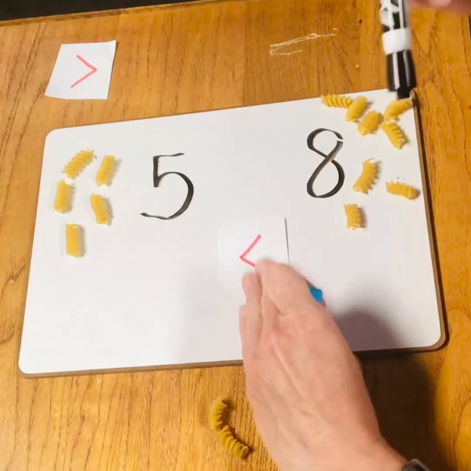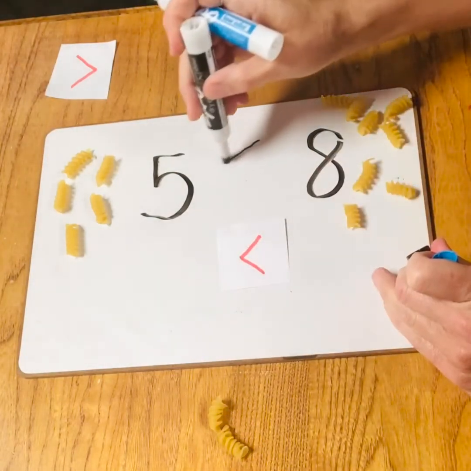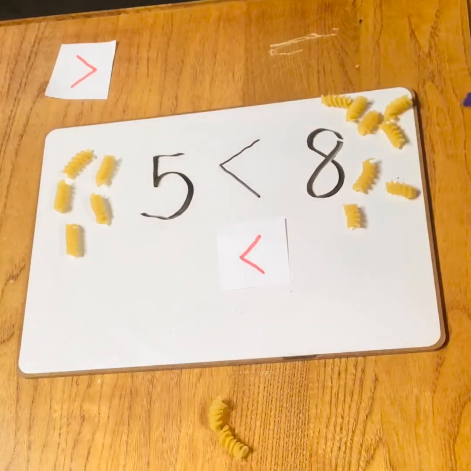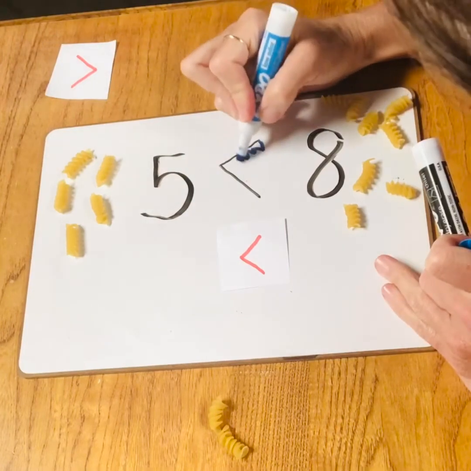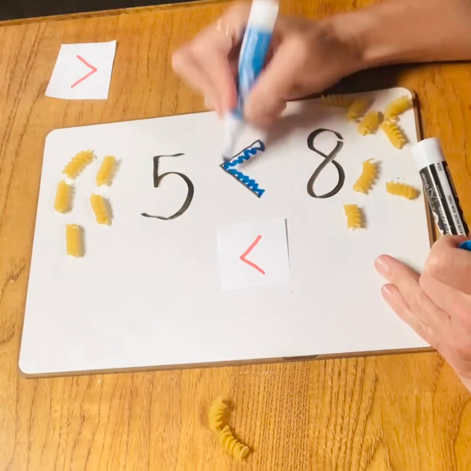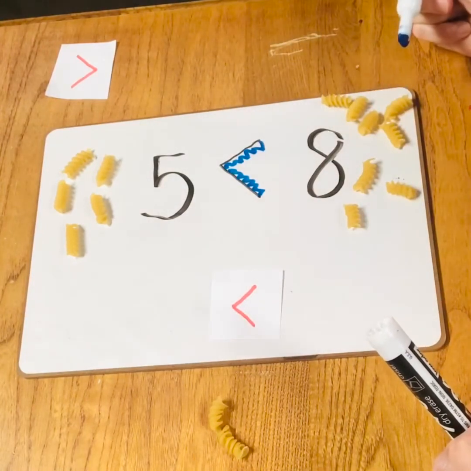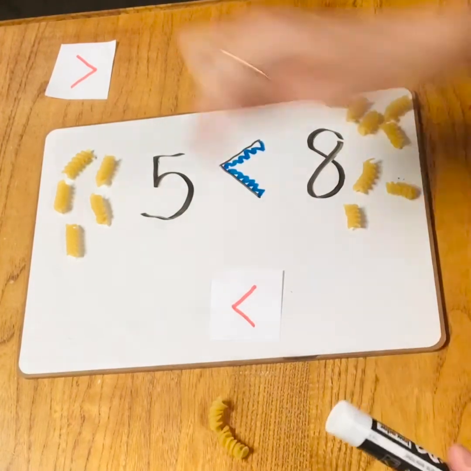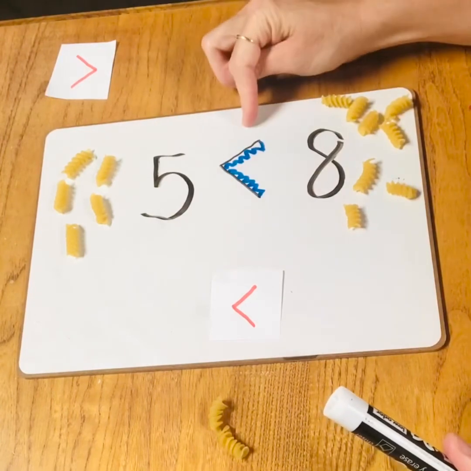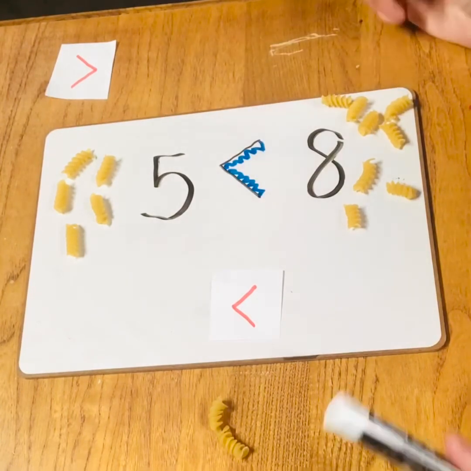So if Mrs. Gatson were to write this symbol, it would be like this, and I would add teeth, and that shows me that the alligator is eating the larger number. But I would read it as 5 is less than 8, okay?